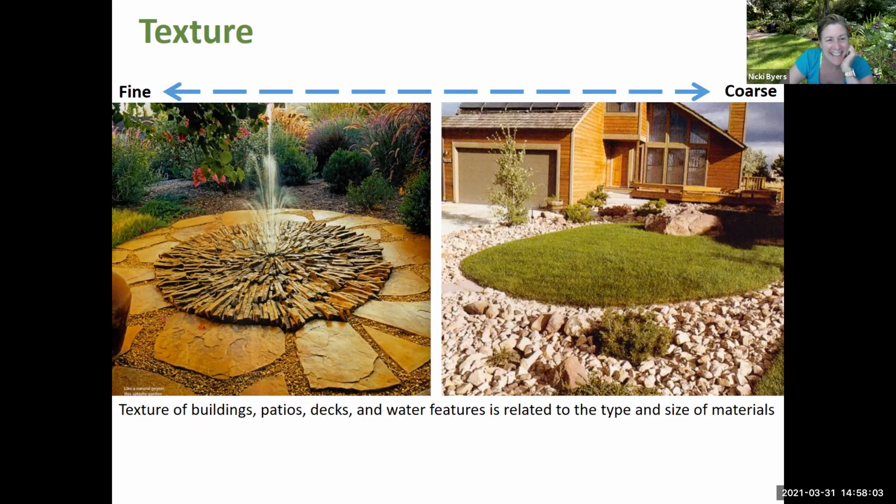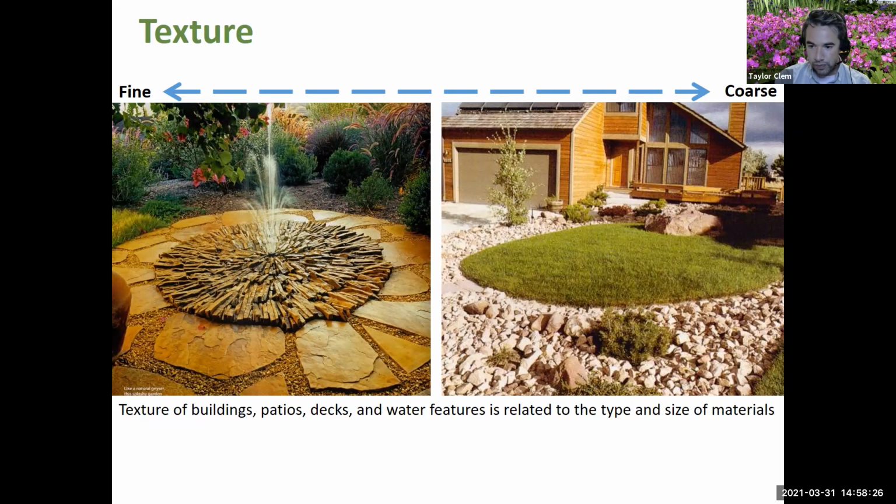And then the image on the right, we don't recommend doing this. Do not do xeric landscaping where it's just rocks like this. But this image shows a very high contrast between the turf grass, that voided space, which is a fine texture, and the coarse texture, which is all that stone around it.